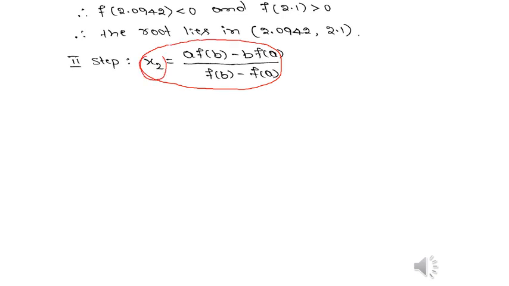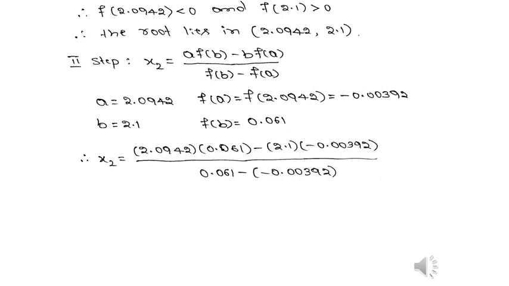In the second approximation we take it as x2, a is here, b is here, and f of a, f of b we already noted down in the previous slide. Let us write down those values here. Substitute a, b, and f of a is this, f of b is this. Substitute the values of a, b, f of a, f of b in the formula.